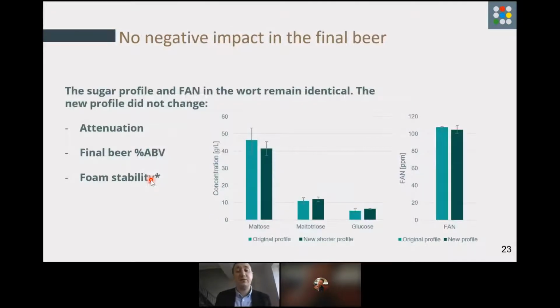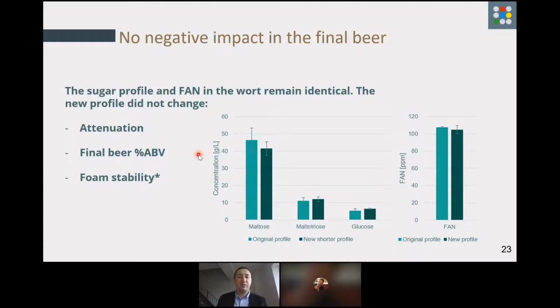We have a look at the final properties because we took this beer and we fermented all the way and we bottled it and we measure the properties at the end. What we can see is that the sugar composition is the same. The free amino nitrogen present in the two different profiles was the same.